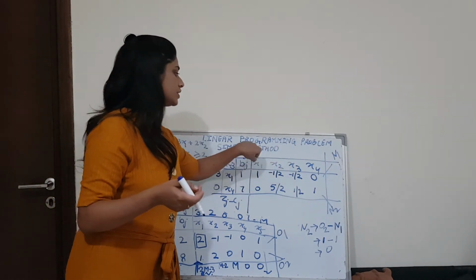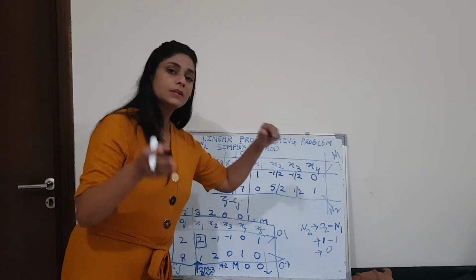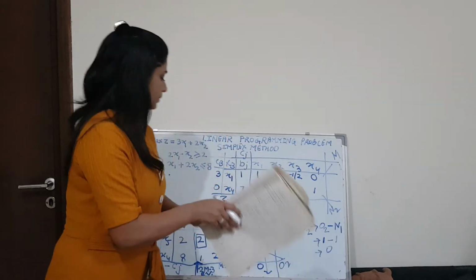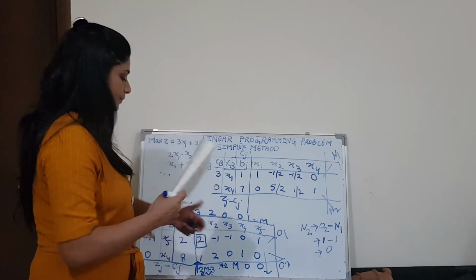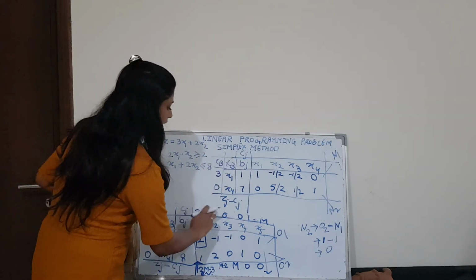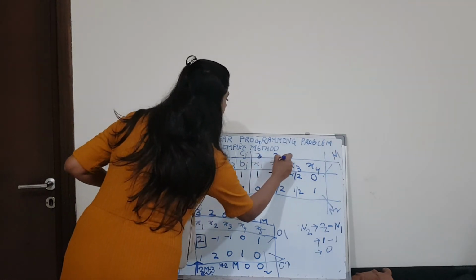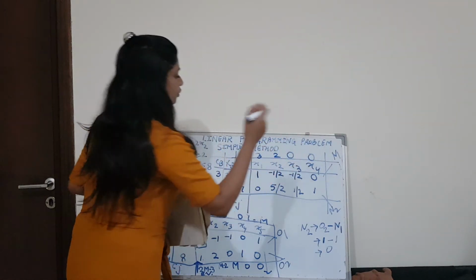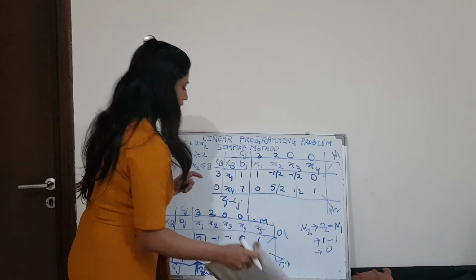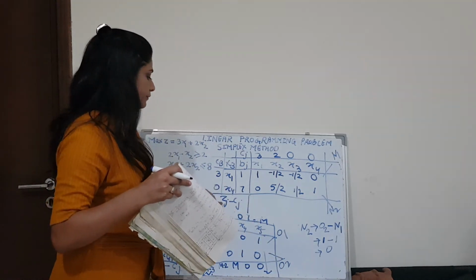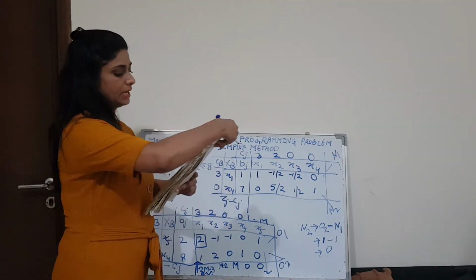Cj are the coefficients of x1 to x4. This you can also take from the previous equation: this is the same, 3, 2, 0, 0, the coefficients of x1 to x4.